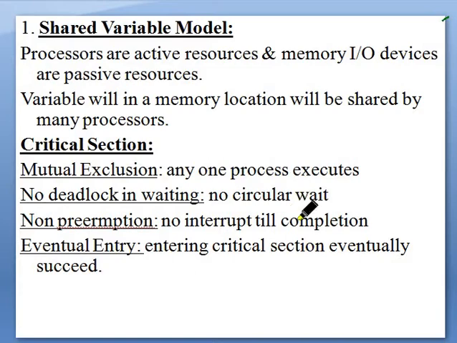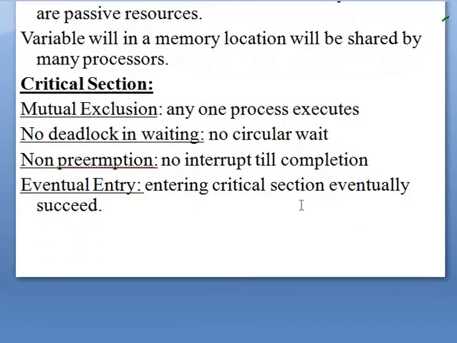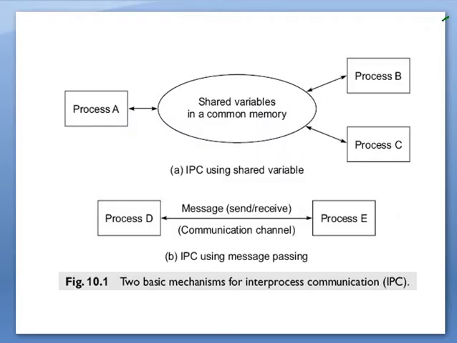If I open up the conceptual diagram of this, we can easily analyze what a shared variable is. This area is in the memory. There are three processes, process A, B and C. They will share the same variable, and that variable is stored in common memory.